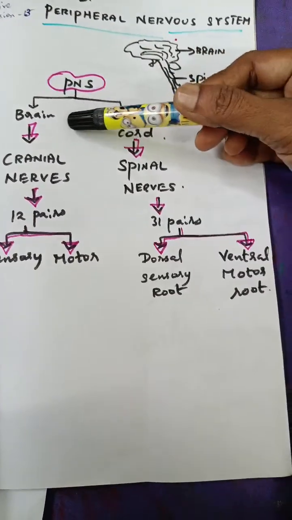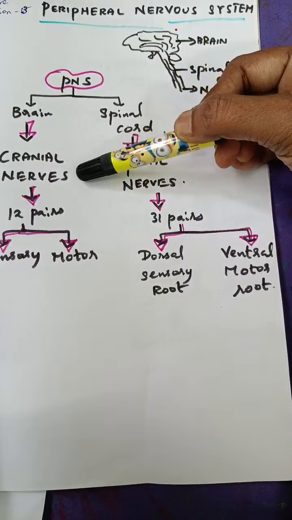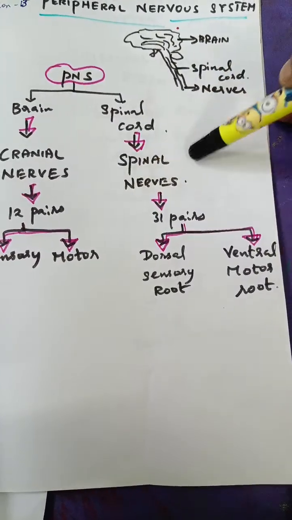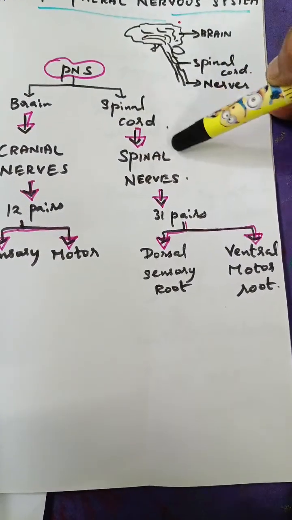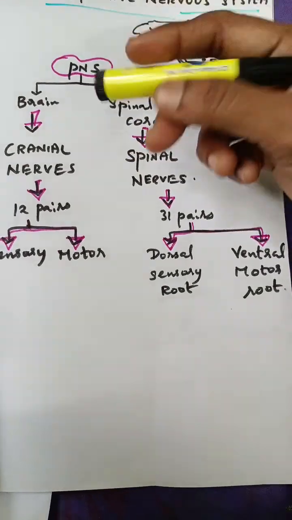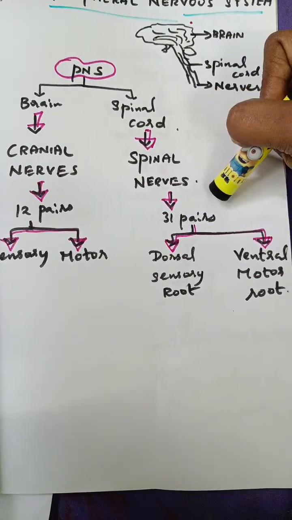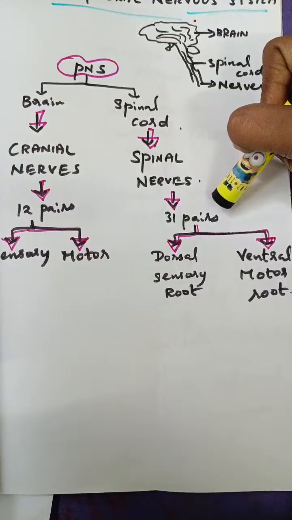The nerves which come from the brain are known as the cranial nerves, and the nerves from the spinal cord are known as the spinal nerves. The cranial nerves have 12 pairs of nerves, whereas the spinal nerves have 31 pairs of nerves.